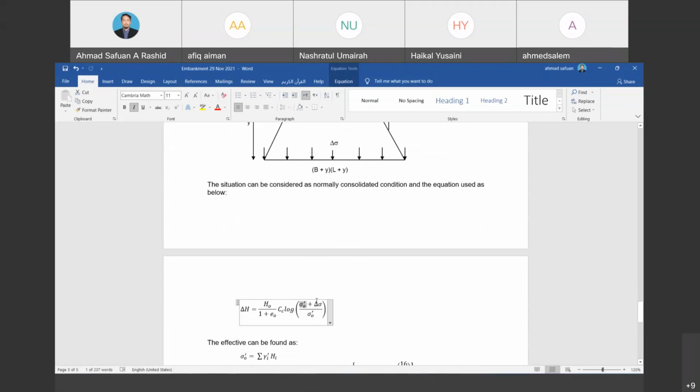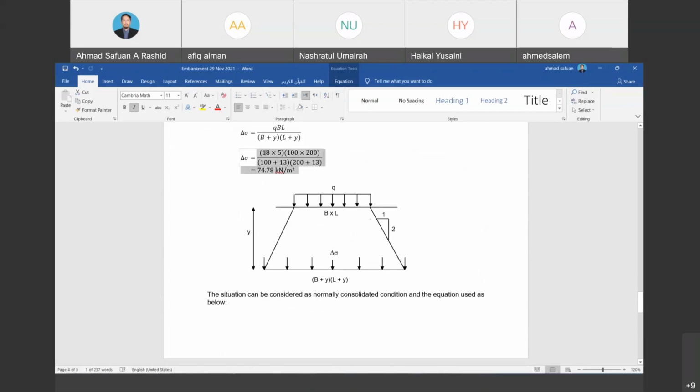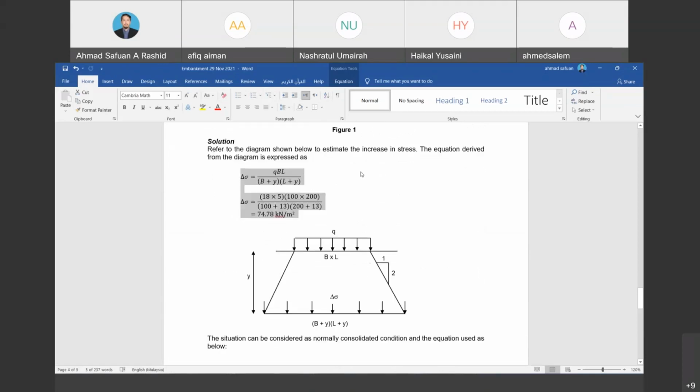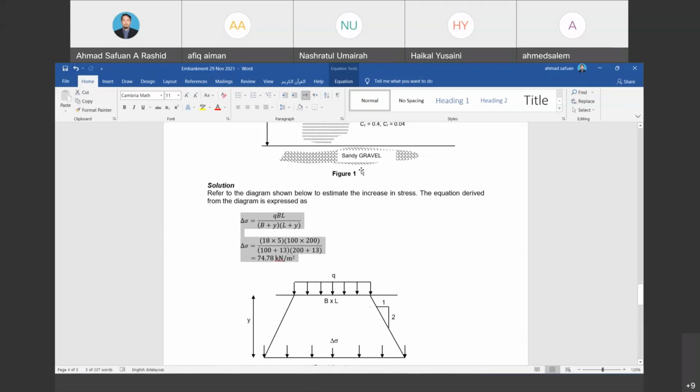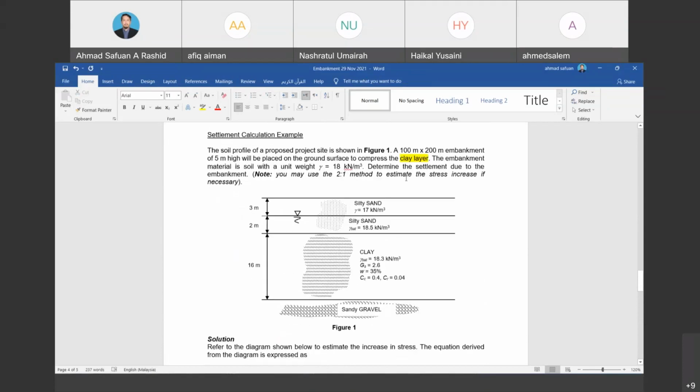The last one is the delta sigma. The delta sigma is determined by using the 2-to-1 method. We have Q times BL over (B plus Z) times (L plus Z). The value of Q is equal to 5 times 18.